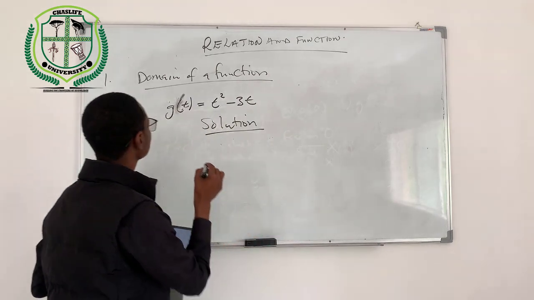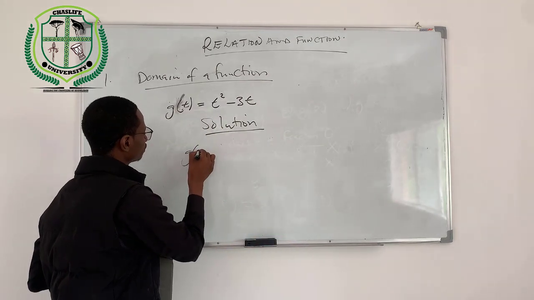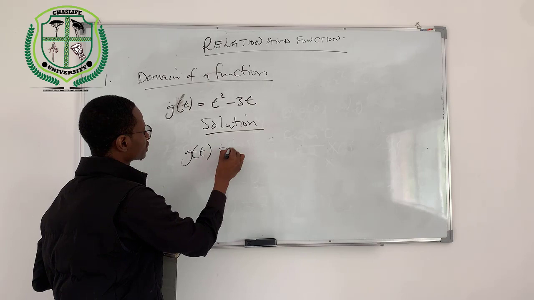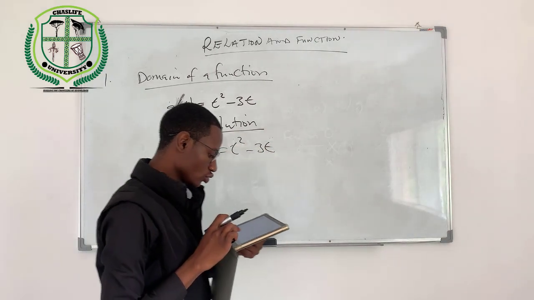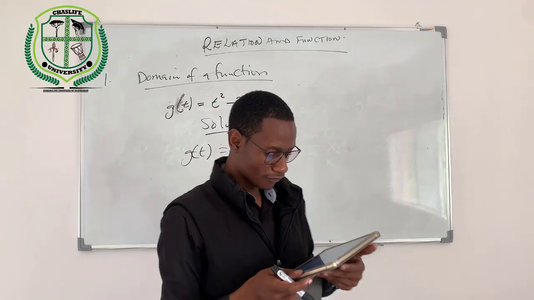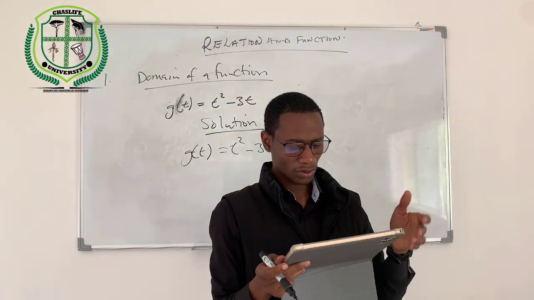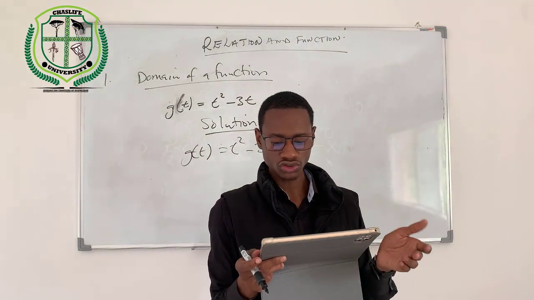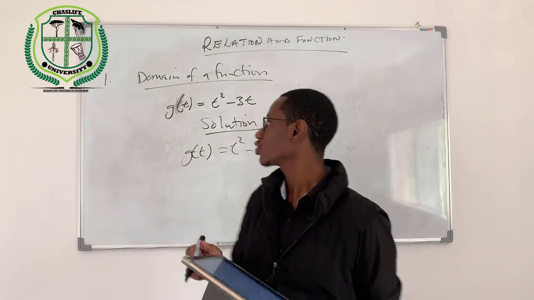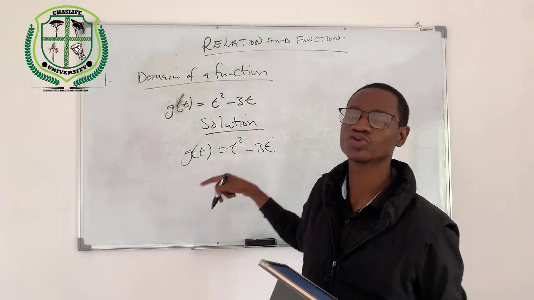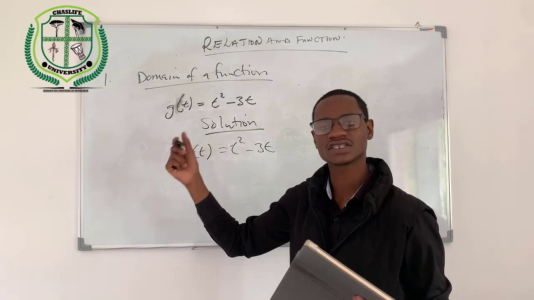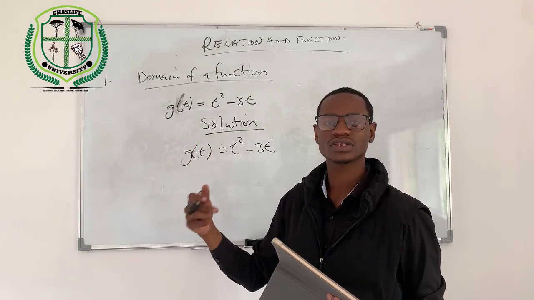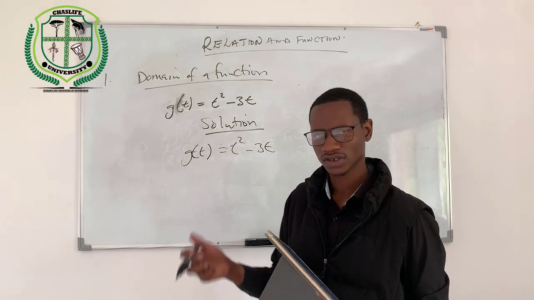So when you look at this equation, any value of t has no restriction, because any real number substituted for t will produce a real number. Real numbers are 0, 1, 2, 3, 4, 5, 6, the numbers that we use for counting.